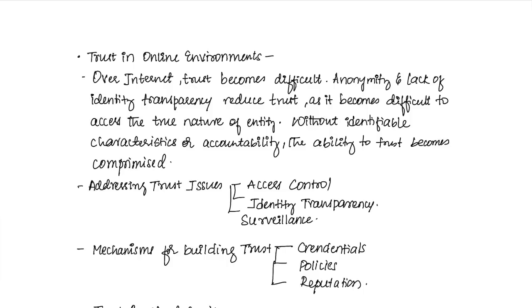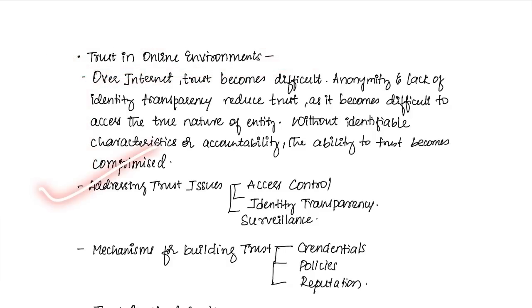It is very difficult to understand the true nature, right? So without identifiable characteristics or accountability, the ability to trust becomes compromised. So you end up trusting someone who's not trustworthy. So you end up trusting a third party who claims to be safe or a reliable person. So all that can happen over the internet. So that's why trust in online environments is very difficult.